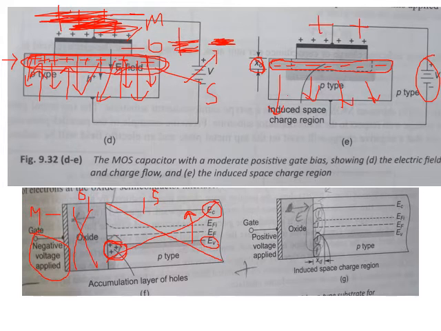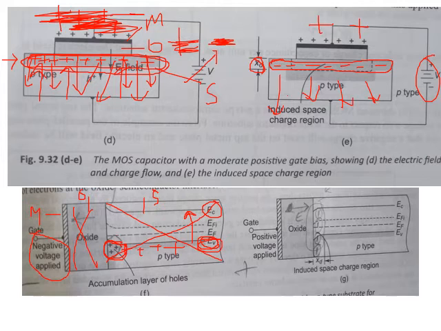This is the EV region. So all the holes will be present near the valence band. Hence what we are representing here, plus plus plus, means all the holes are present in the valence band.